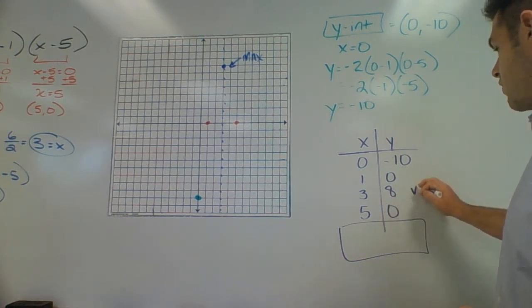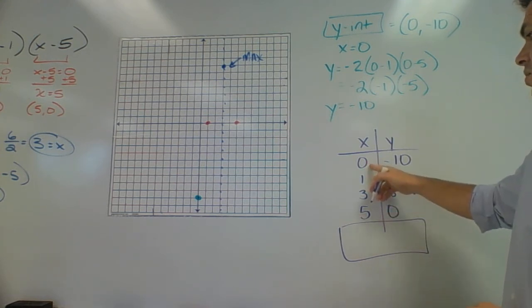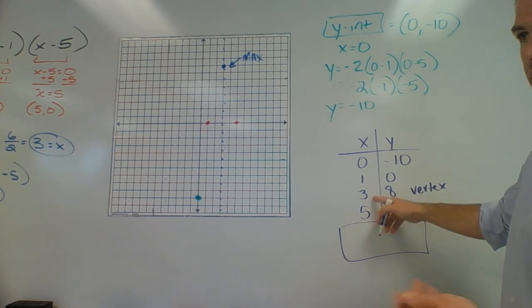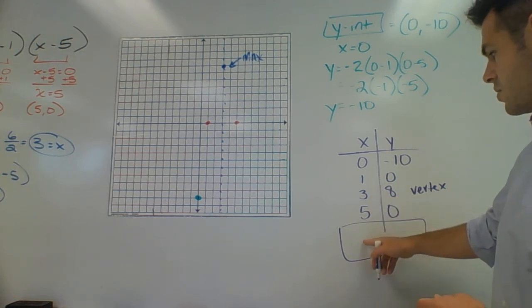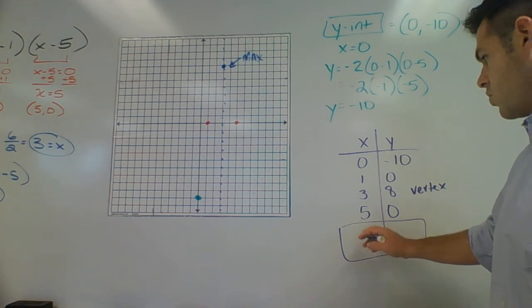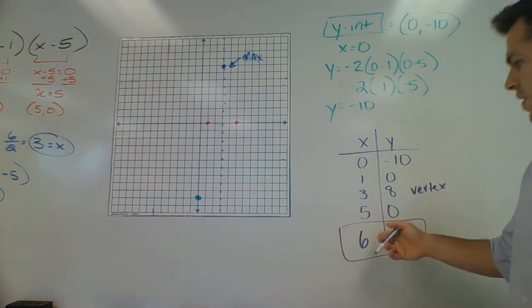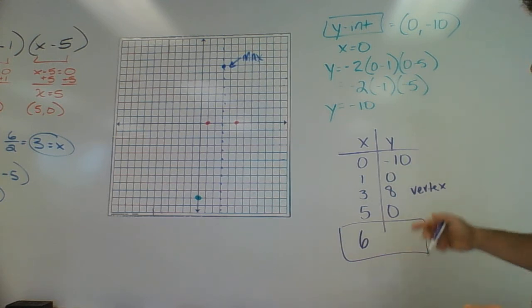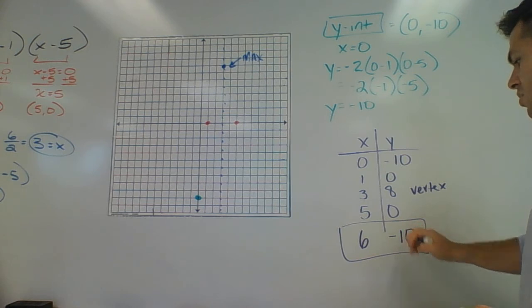If (3, 8) is our vertex, 0 is 3 spots away from the number 3. What would be 3 spots away going off in this direction? And hopefully you realize that if you tack on 3 more, that would be 6. The x value of 6 should have the same exact value for y because of the mirror action.